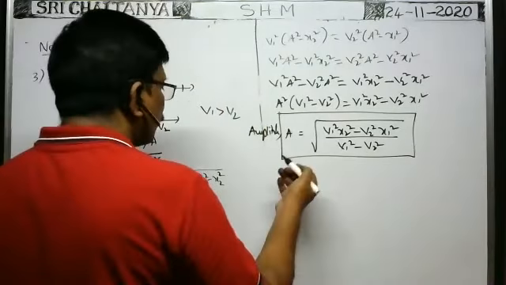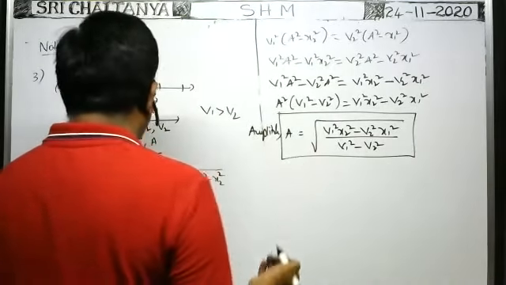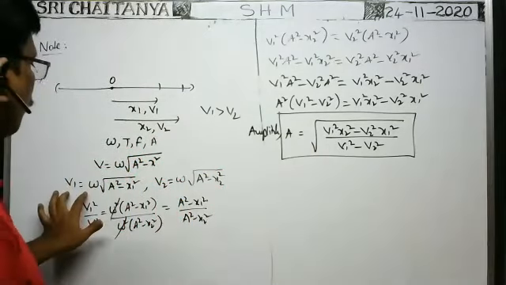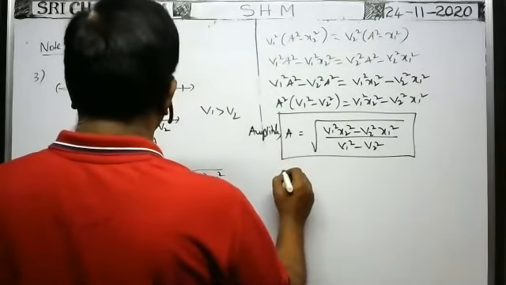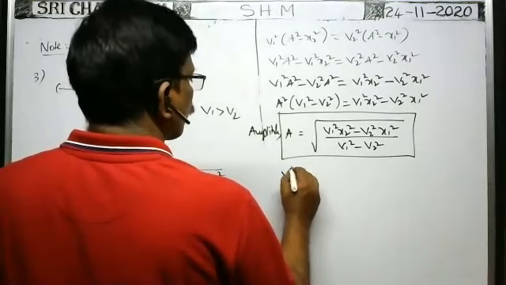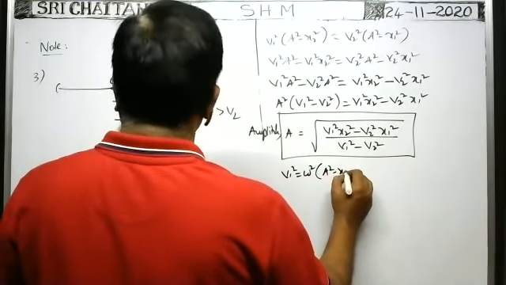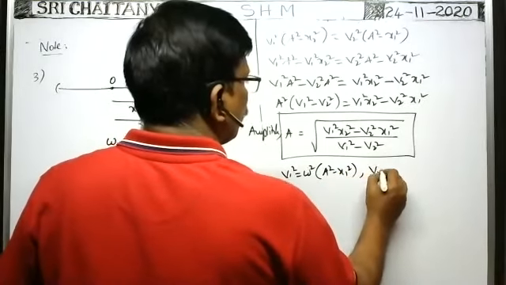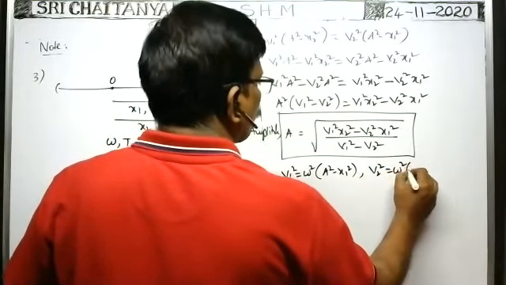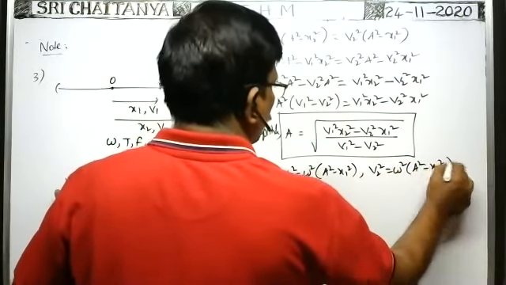If they ask the angular frequency, from the same formula, v1 square is equal to omega square into a square minus x1 square. Similarly, v2 square is equal to omega square into a square minus x2 square.